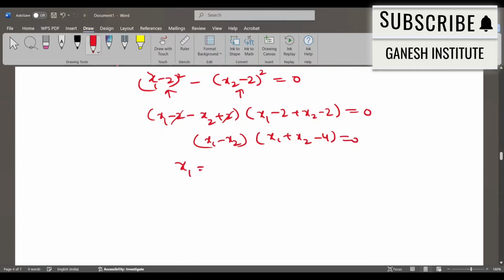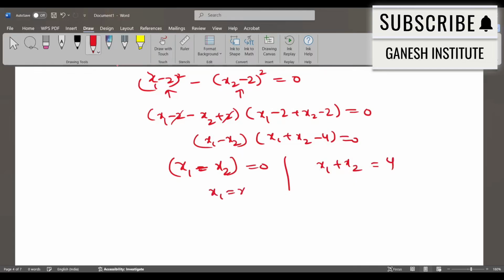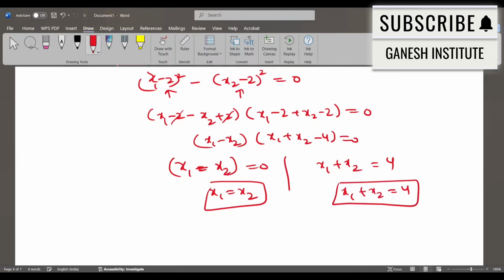So x1 minus x2 is 0, x1 plus x2 is 4. So I have to consider that value for which this is equal.